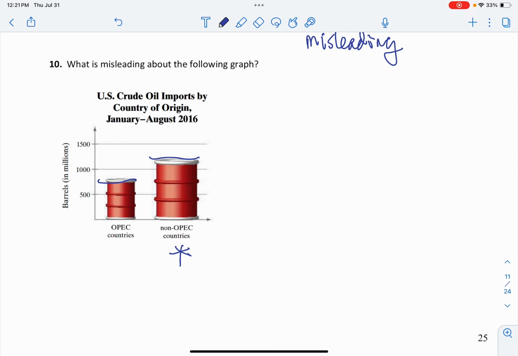So the misleading thing is that the barrel is wider. If you wanted to portray accurate data, you probably should keep the widths the same, since width is not a factor. We're only comparing the heights as far as the numbers go over here, with barrels in millions.